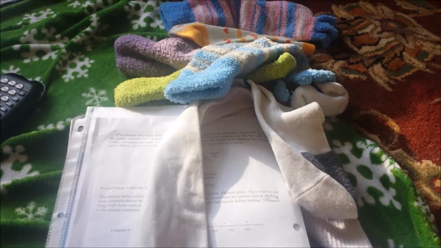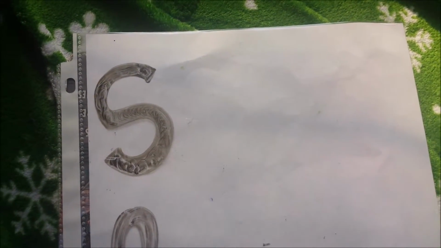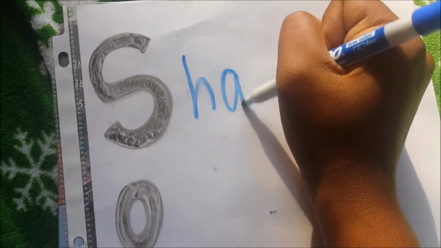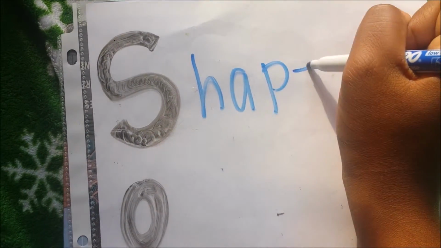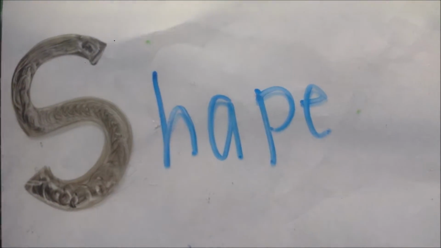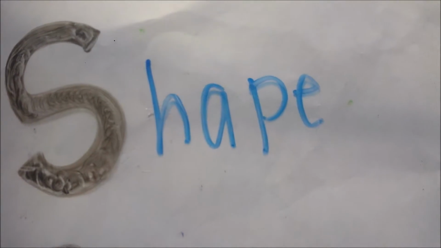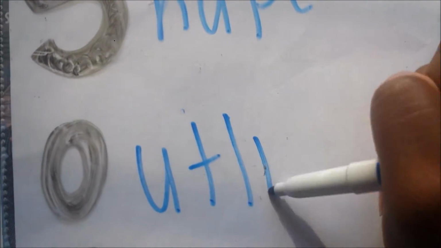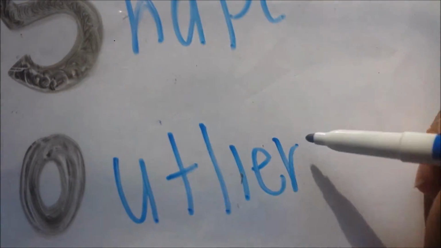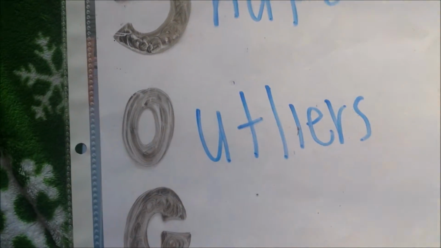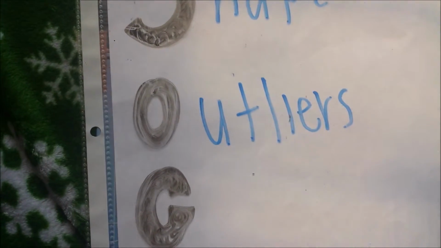Those are SOCS. But in all seriousness, SOCS stands for shape. Shape can be normally distributed, skewed, or uniform. Our O stands for outliers. Outliers are the same thing as anomalies, points that are away from the norm.